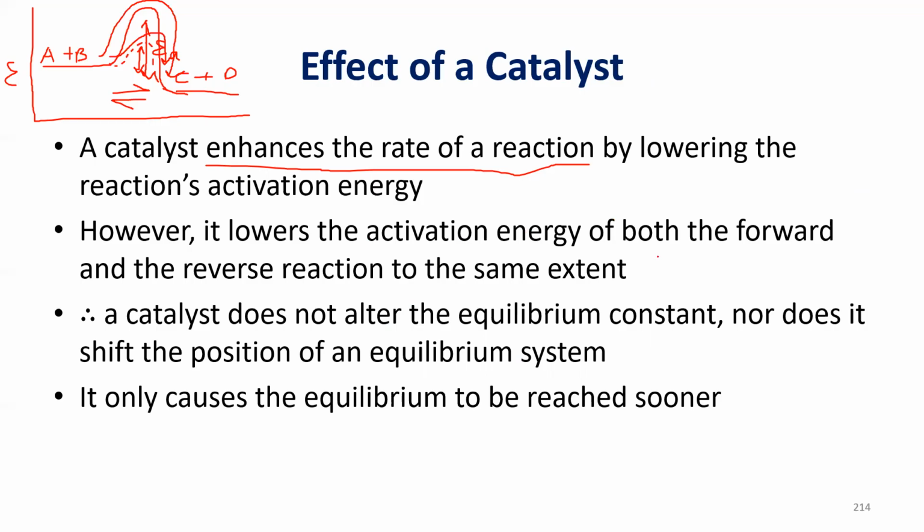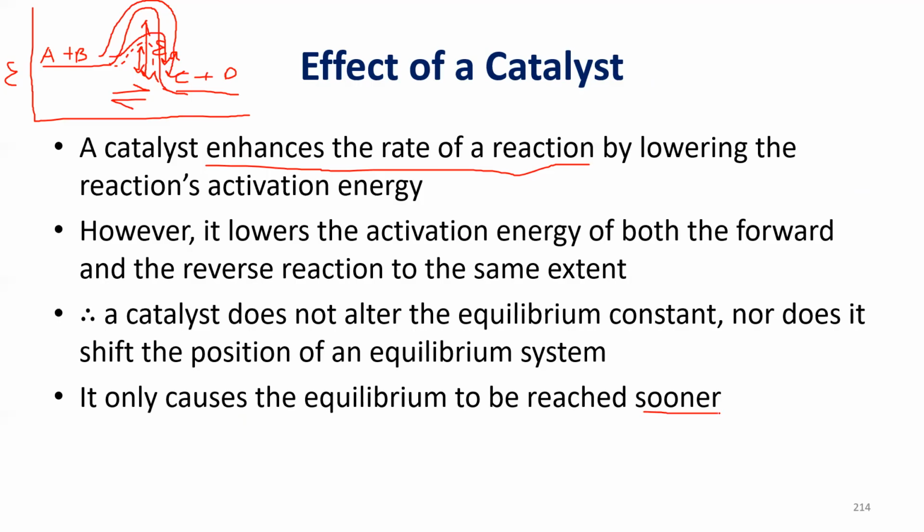Because of that, we can say that a catalyst does not alter the equilibrium constant in any way. Because of the increase in rate of the forward and reverse reactions, equilibrium is reached sooner than in the case where you don't have a catalyst.